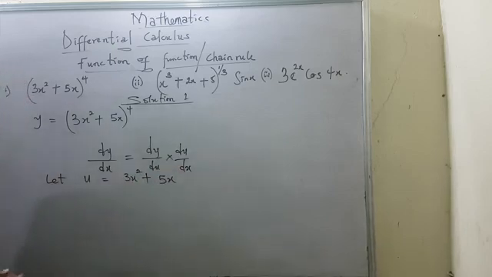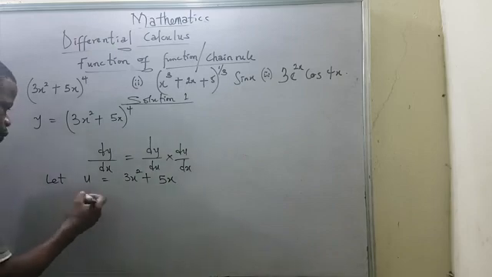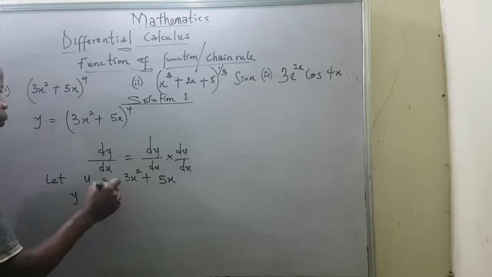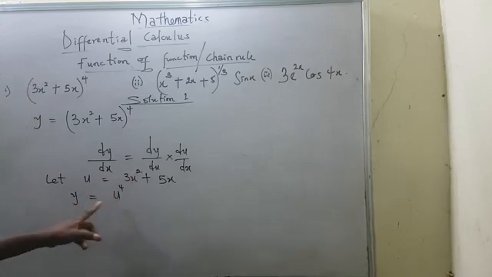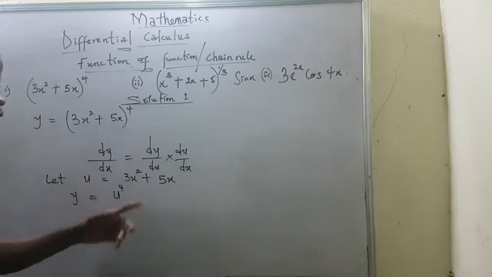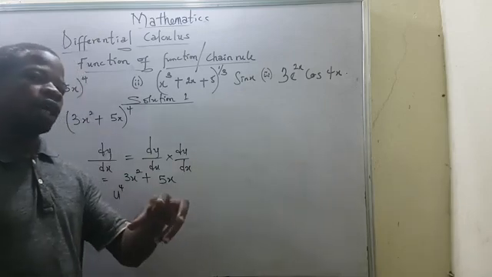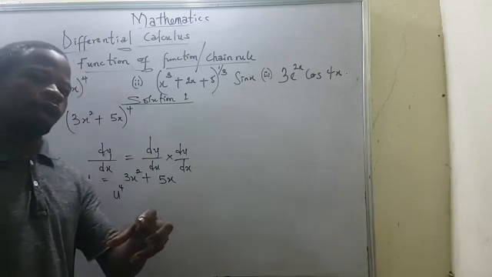It makes the work easier for us. So here now, since u is equal to this, y is equal to u raised to the power 4. So you have u equal to this, y equal to this, so you can differentiate u with respect to x.